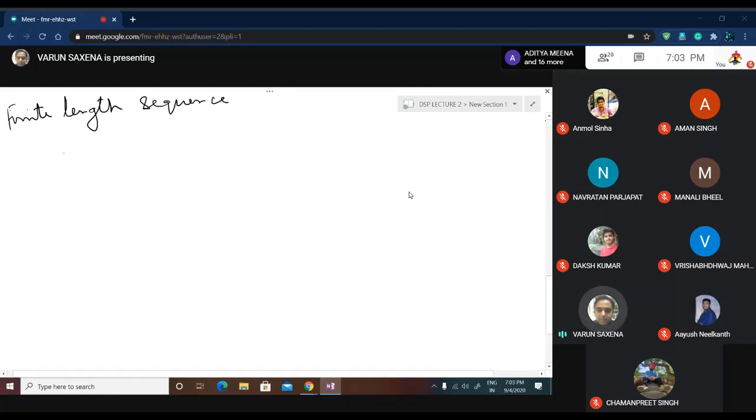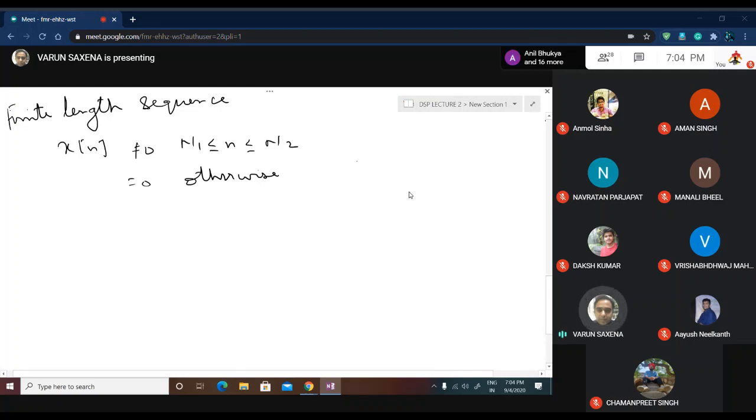Suppose you have xn where it is defined only for n1 to n2, where n1 and n2 can be positive or negative, doesn't matter. It is not equal to 0 for this timeline, and it is equal to 0 otherwise. That is a finite sequence.